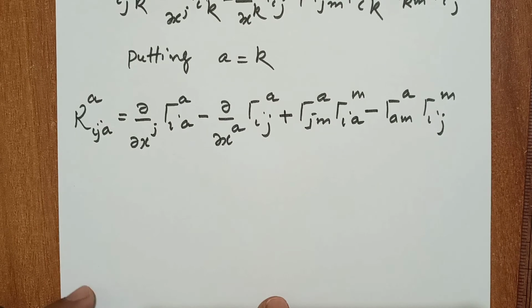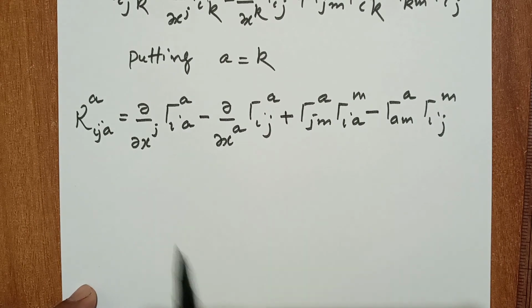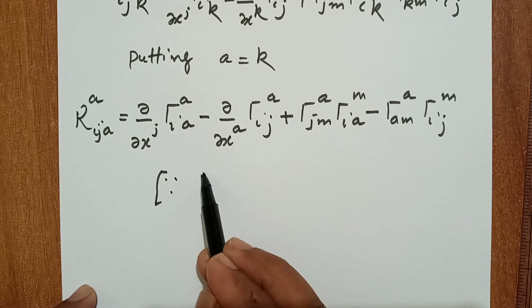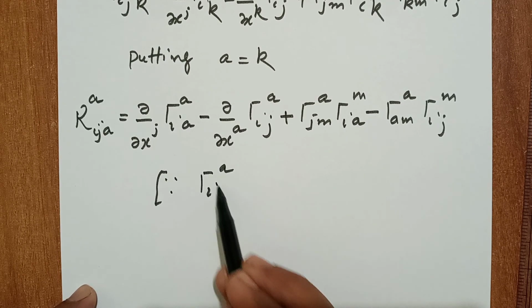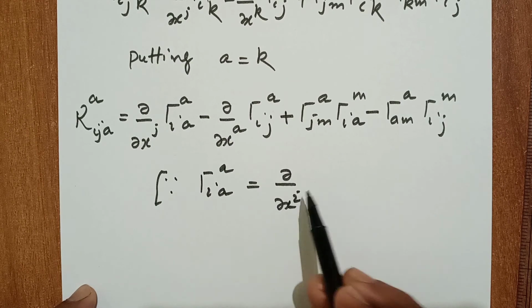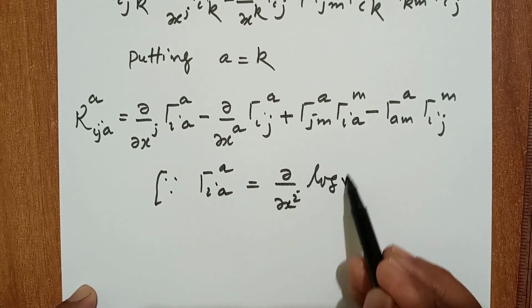We shall use the property of Christoffel symbols of second kind. We have Γ^a_ia equal to ∂/∂x^i of log root g.